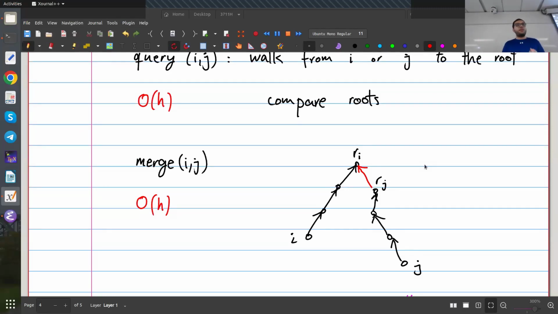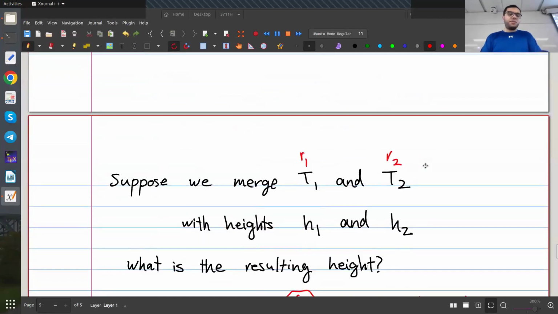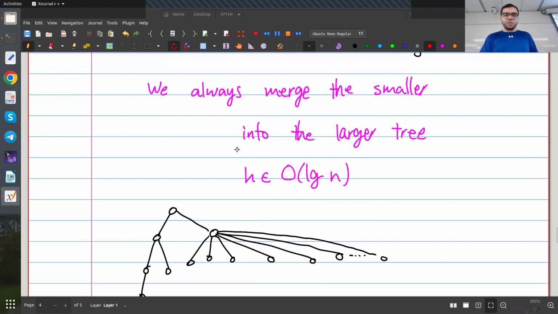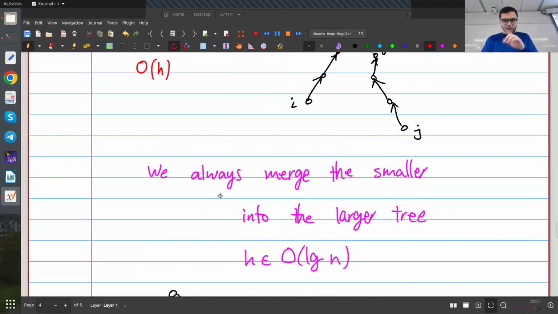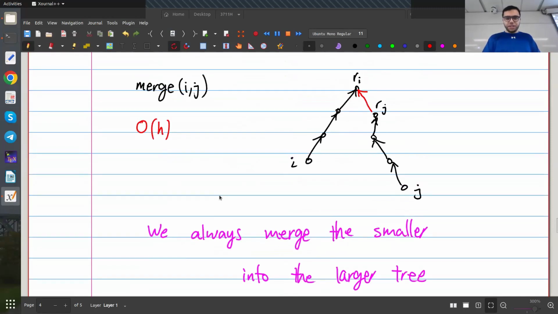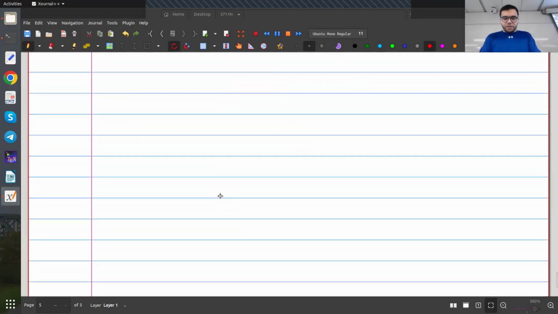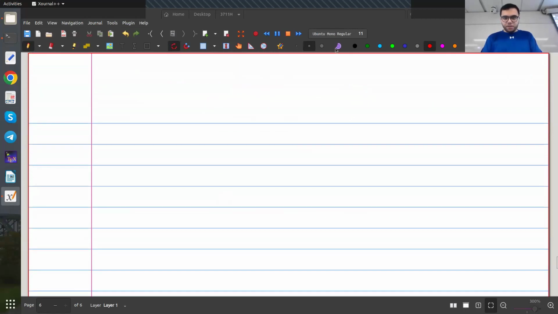I want my trees to have the smallest possible height. Okay. And this applies in both variants, no matter if you're merging based on height or you're merging based on size. So let's say we're merging based on size right now. We're always merging the smaller tree into the larger tree. But I also want to just have some heuristic to reduce the height. Okay. So this is the heuristic that I'm going to talk about here. It's called path compression.